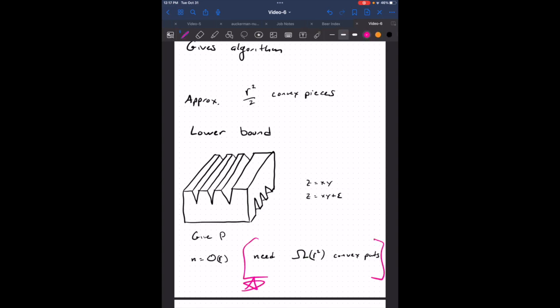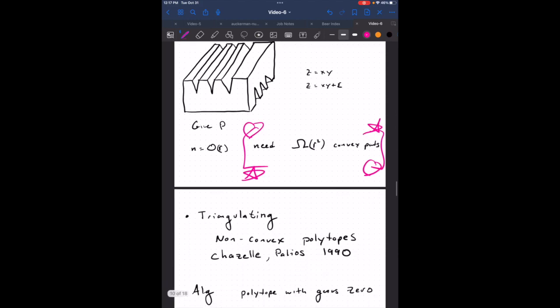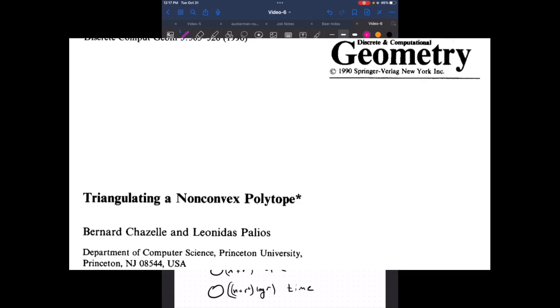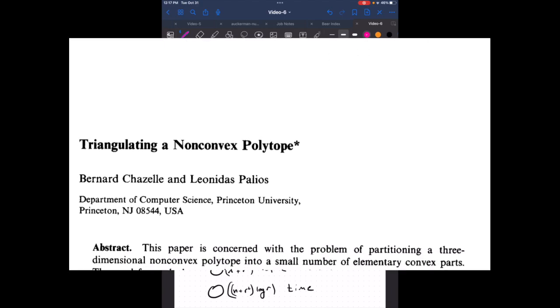So that's sort of the first part of the story. Okay, so we have this polyhedra. Well, we need a quadratic number of convex parts in terms of the number of reflex edges. All right, and then let's move on to 1990, and we're going to talk about non-convex polytopes.